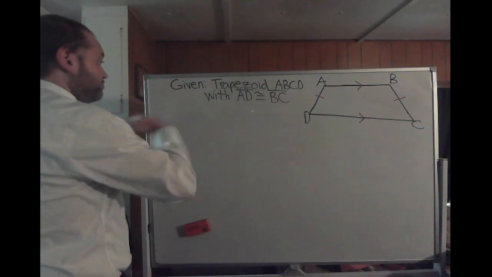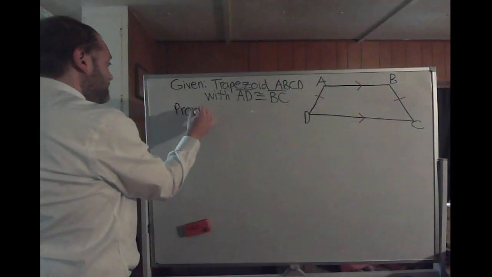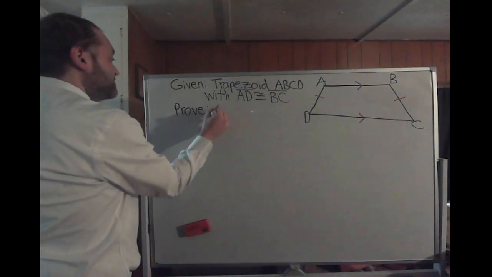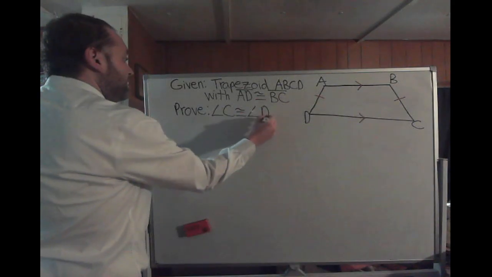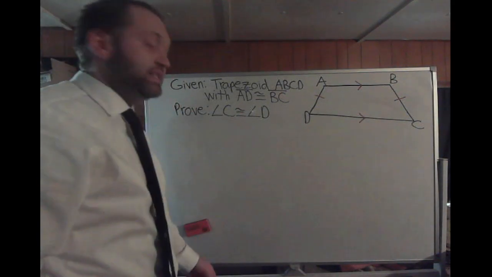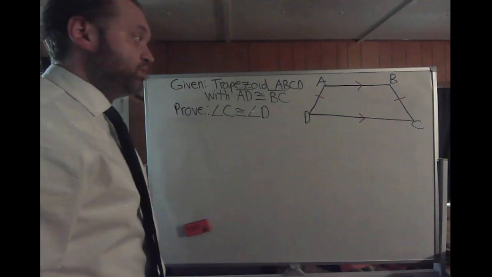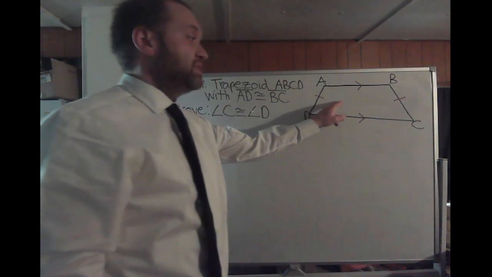What we have to prove is that angle C is congruent to angle D. So in other words, we're proving the theorem that we just learned, that the base angles of an isosceles trapezoid are congruent. Well, we already have that this is an isosceles trapezoid.